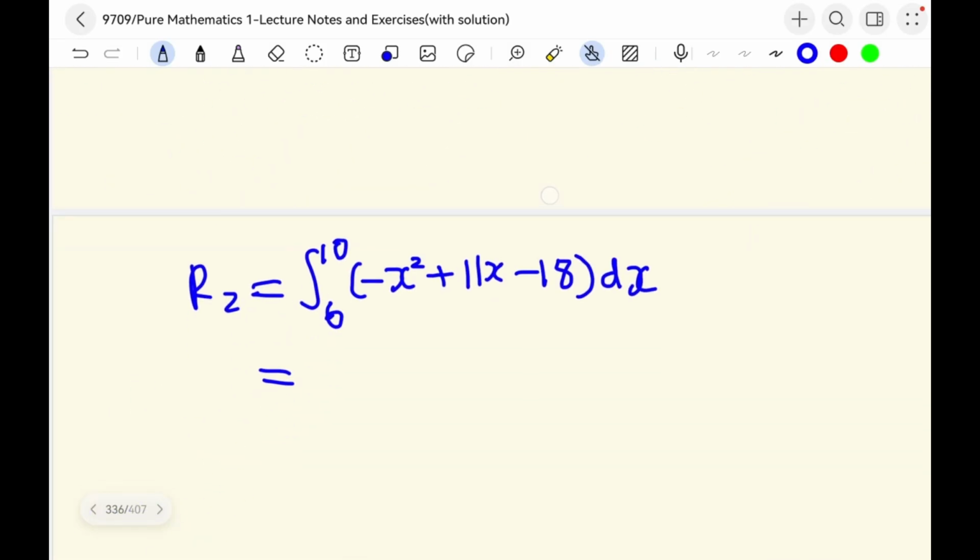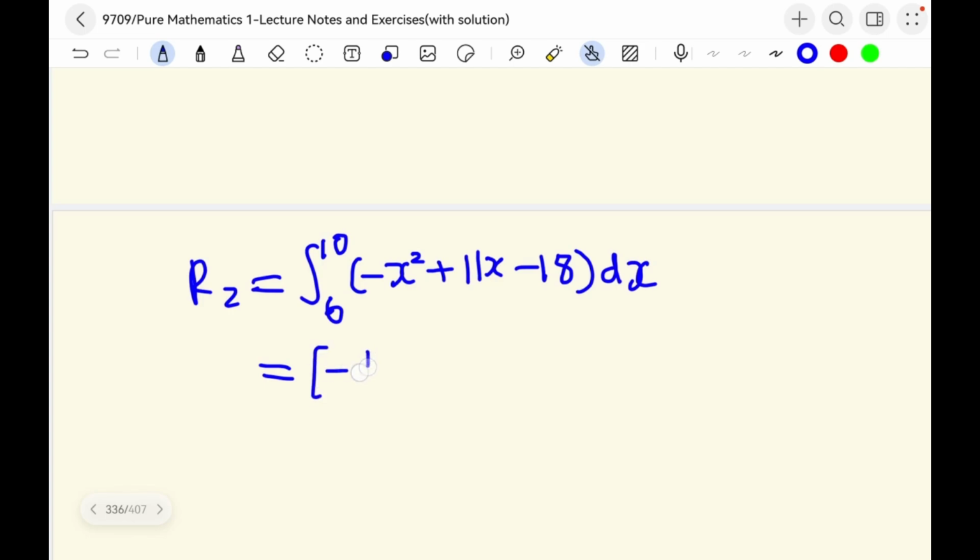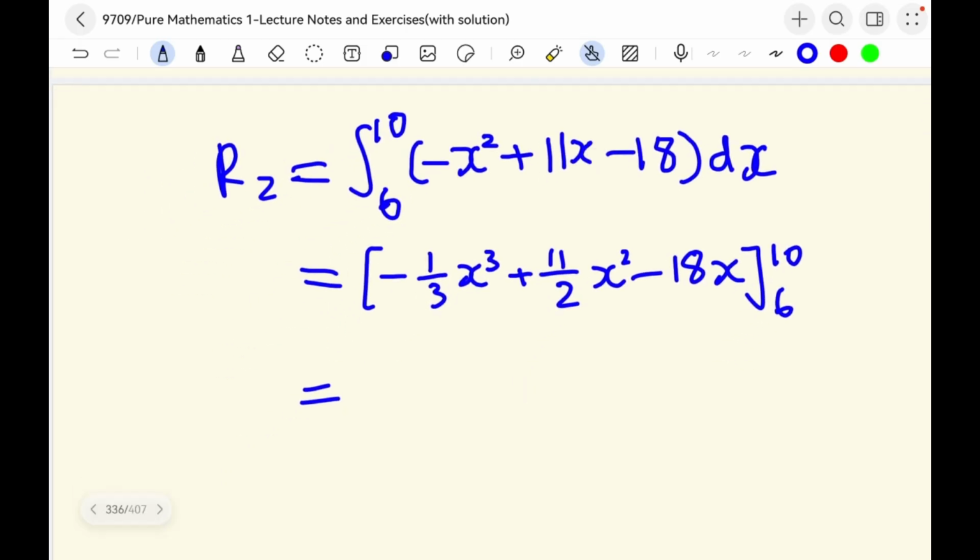This gives negative 1 over 3 x cubed plus 11 over 2 x squared minus 18x from 6 to 10. You may use your calculator, just that you need to change the limits. So region 2, you will get 56 over 3 units squared.